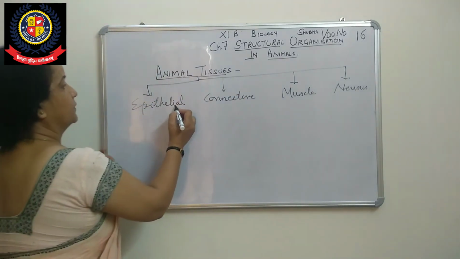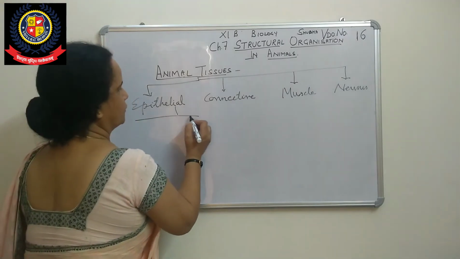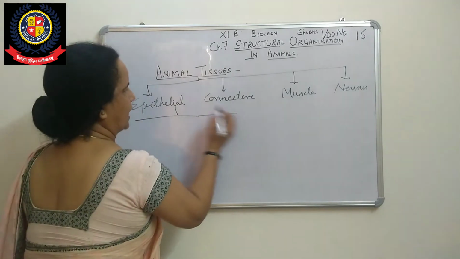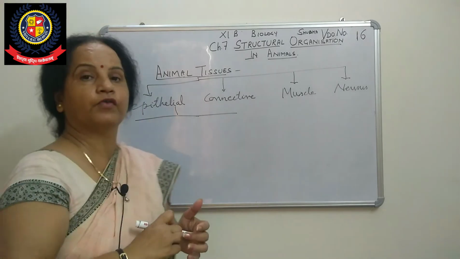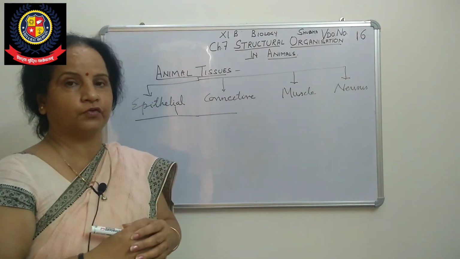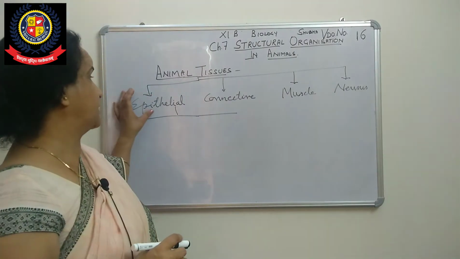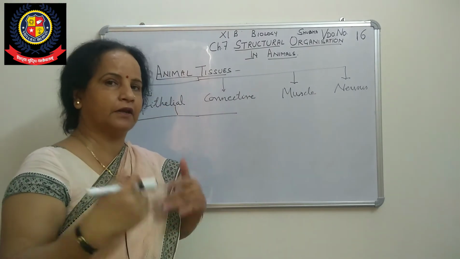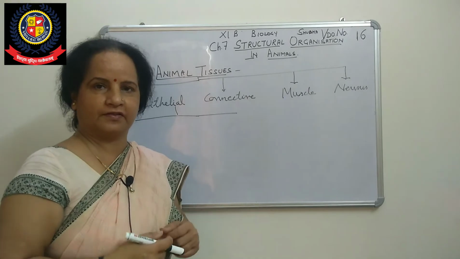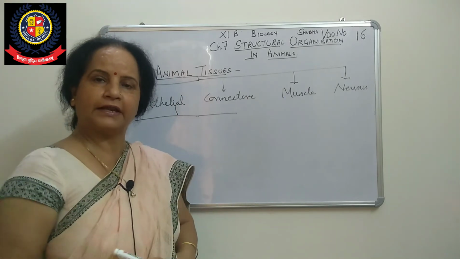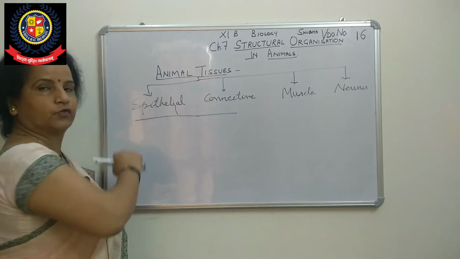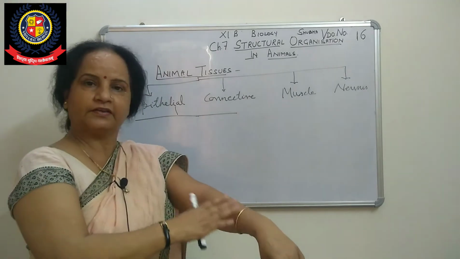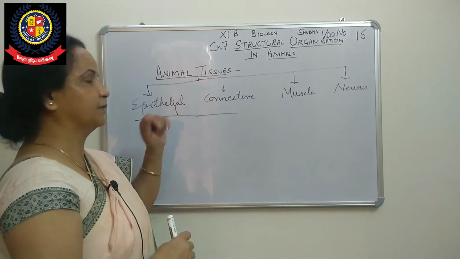Epithelial tissue is a covering. It covers any body parts, whether internal or external. For example, the stomach lining inside our body is made up of epithelial tissue, and our skin, the outer covering, is epithelial tissue.